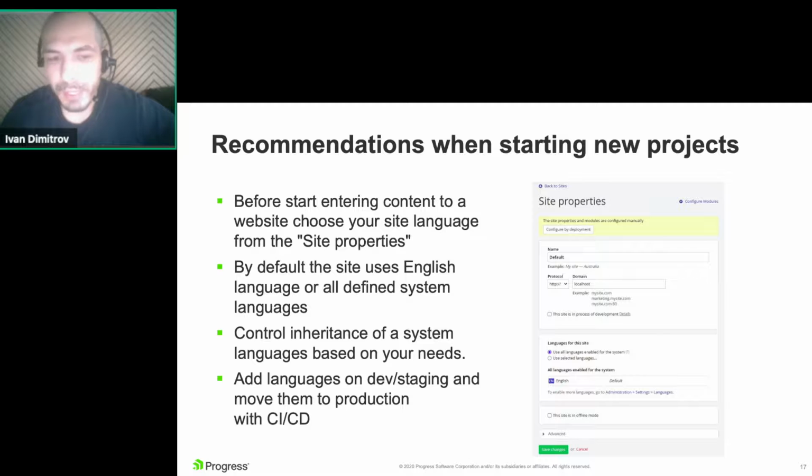From this screen, we recommend manipulating all the things related to the languages of the website, and you can control this inheritance of the system languages based on your needs.